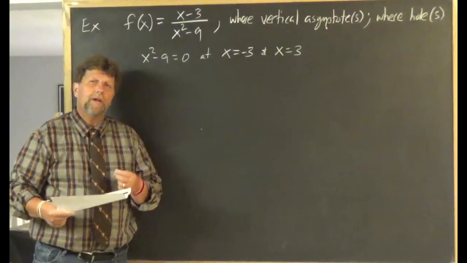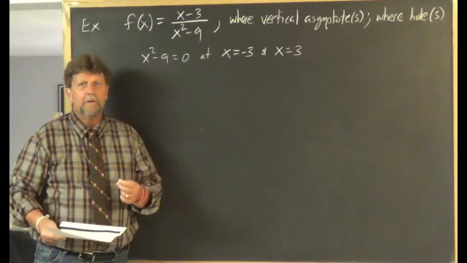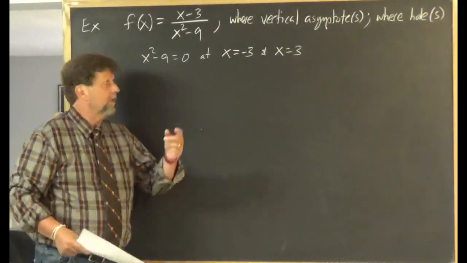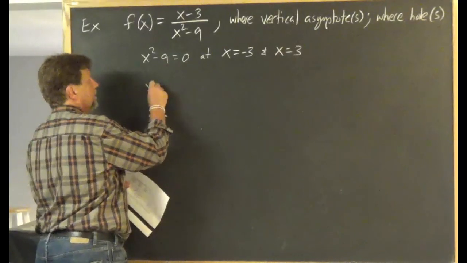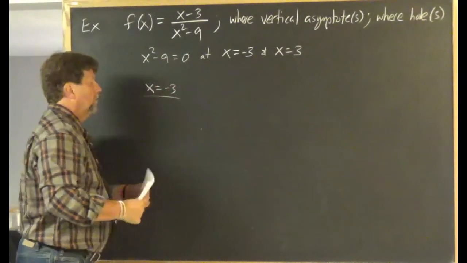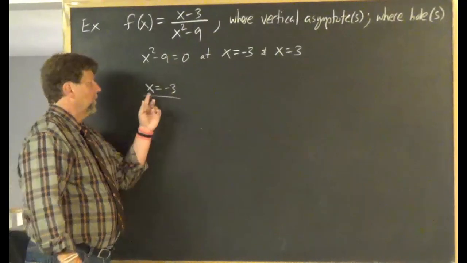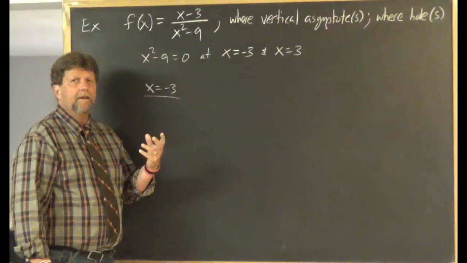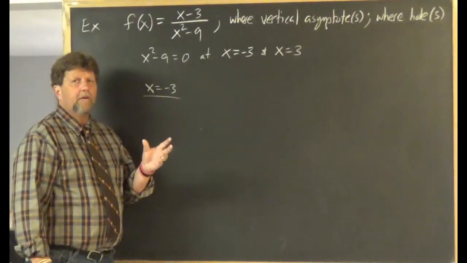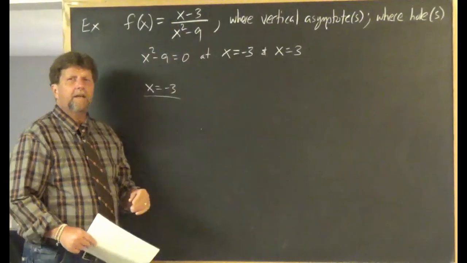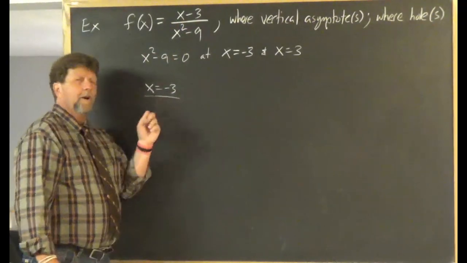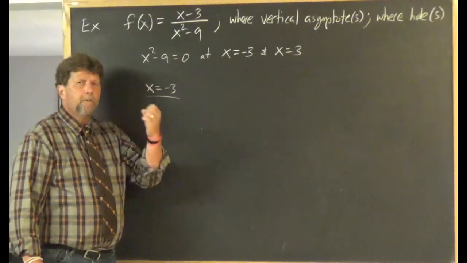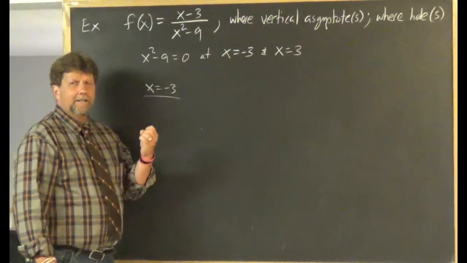Once you determine what values of x are candidates for a vertical asymptote or hole, this is how you determine which it is. For x equals negative 3, we know that makes the denominator 0. What's the numerator? If negative 3 goes in for x in the numerator, do you get 0 or non-zero? When negative 3 comes in for x, you get negative 6. So for an x value of negative 3, the denominator is 0 and the numerator is not 0.